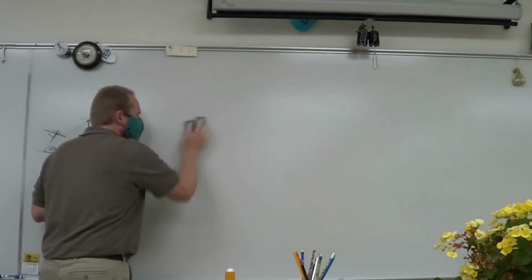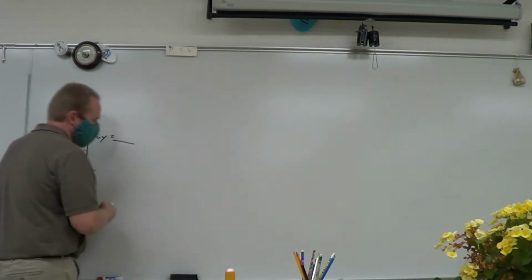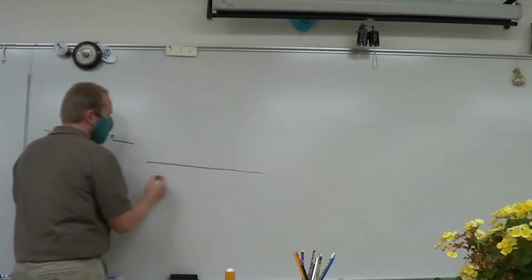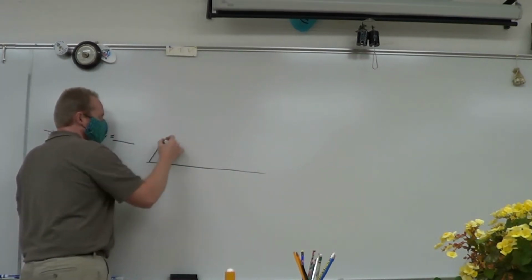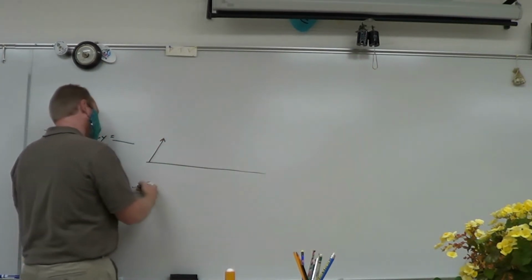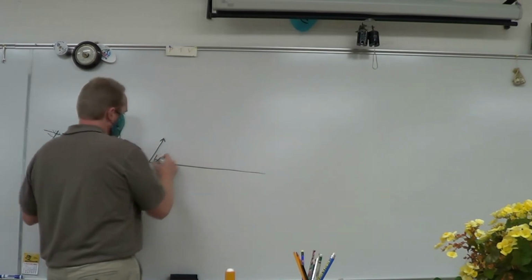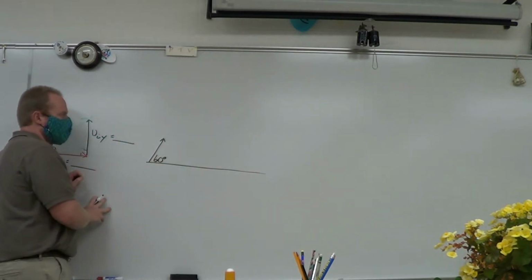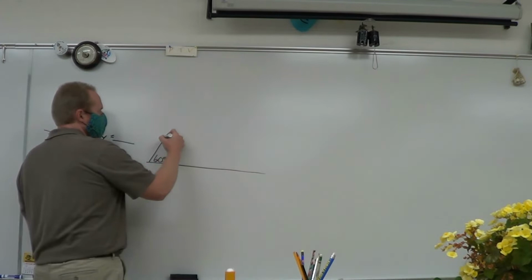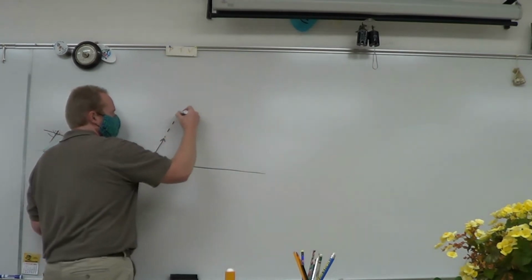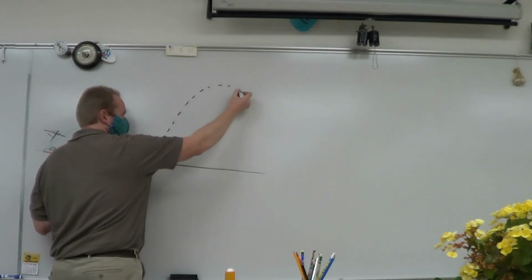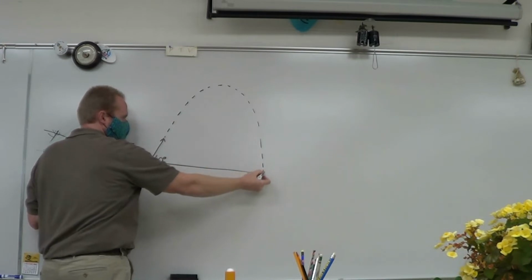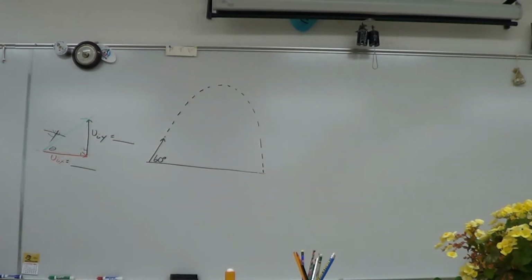Now, if I take some object and throw it at some angle, and that angle looks to be about 60 degrees, what this object is going to do is something like that. Maybe parabolic is meant to be symmetrical.